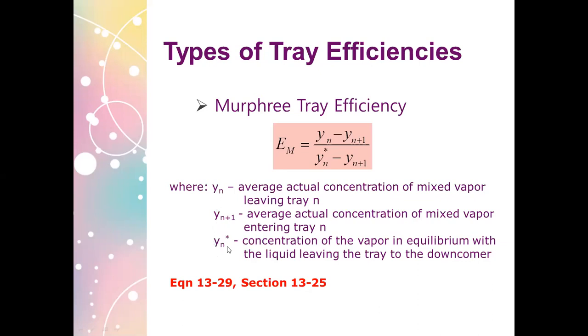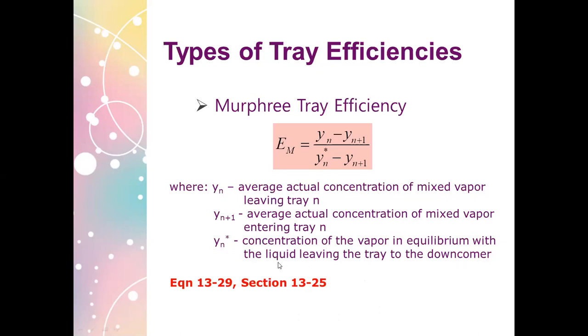The y sub n asterisk is the concentration of the vapor in equilibrium with the liquid leaving a particular tray. So what is the concentration of the vapor that is in equilibrium with the concentration of the liquid that, on average, is leaving a particular tray through the downcomer?